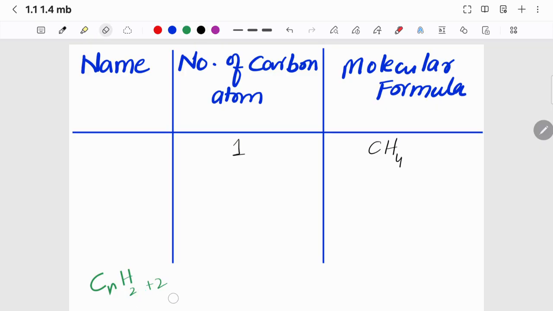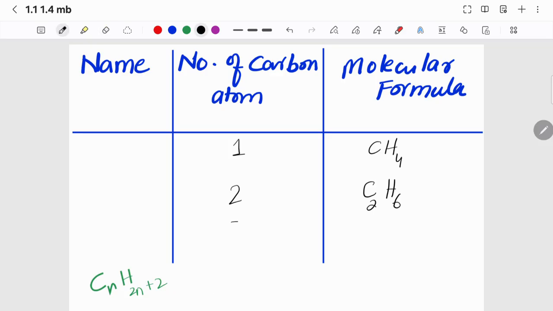Now make another one. If the carbon number is 2, so instead of N I will place 2 over here. 2 into 2 plus 2, 2 2s are 4, 4 plus 2 is 6. So that would be C2H6.